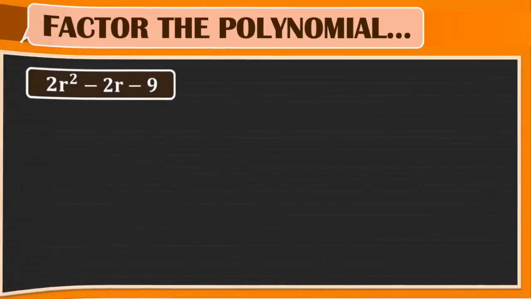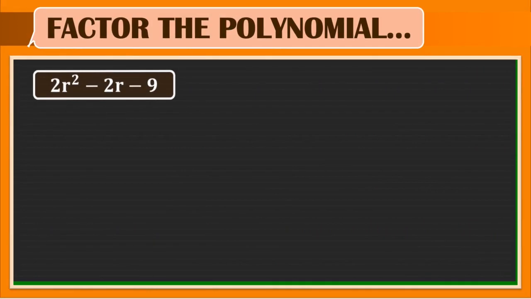That's it. Next, let's have 2r squared minus 2r minus 9. The second and the third term are negatives. First, let's multiply the leading term and the last term, that's 2 times negative 9. Again, take note of the negative, that's negative 18.